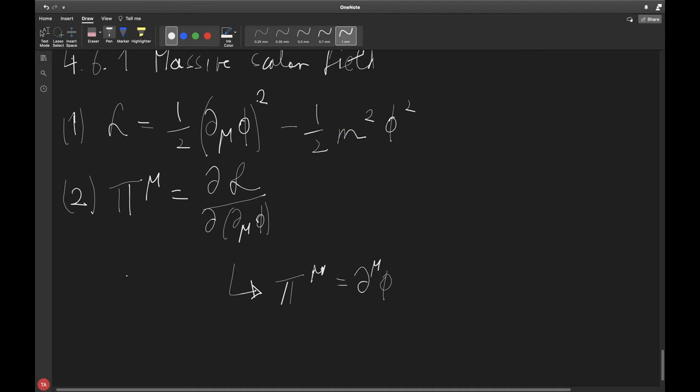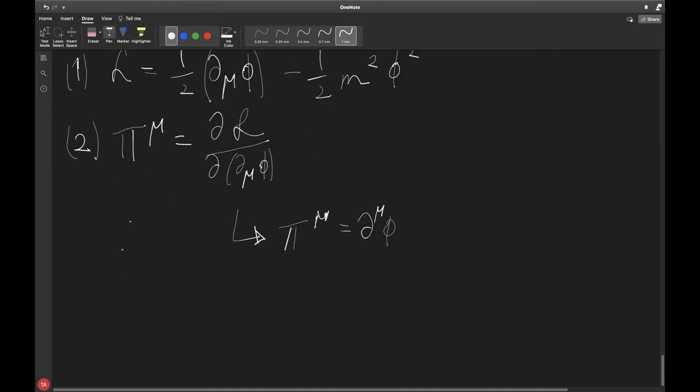And then in the same step, we also calculate the Hamiltonian density. Hamiltonian density was defined to be the zeroth component of this pi times the phi derivative minus the Lagrangian.